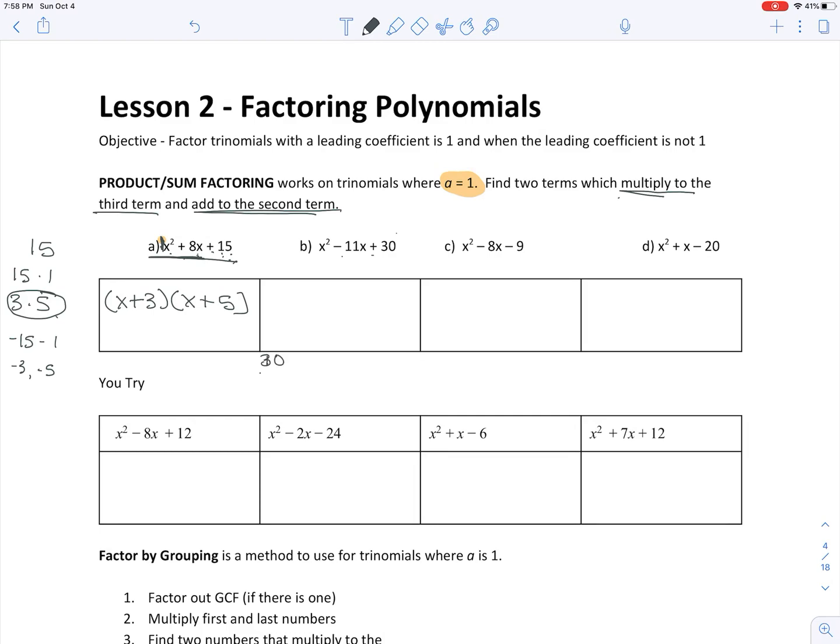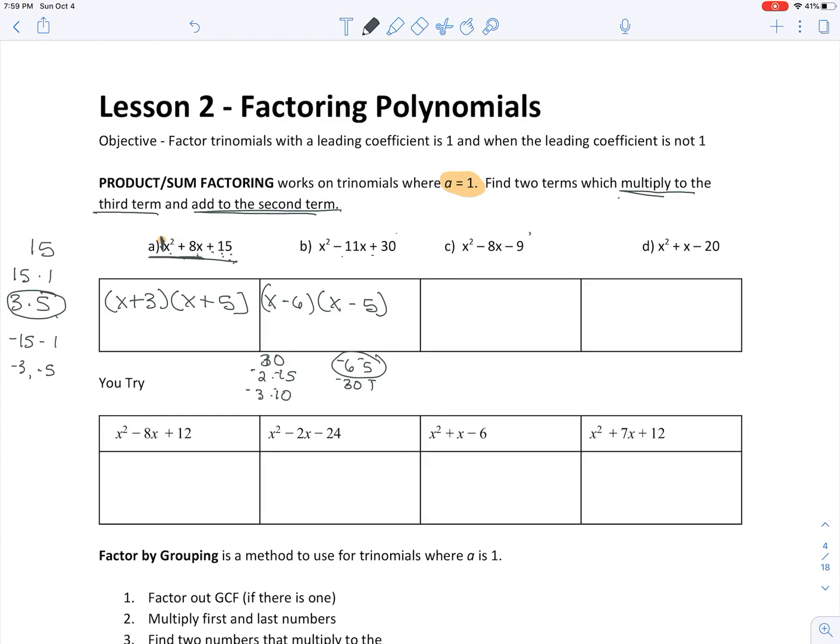Well, let's think about it. 2 and 15, 3 and 10, 6 and 5, 30 and 1. So which of these, when I add together, will give me negative 11 in the middle? Well, because this is positive, they both have to be negative. So we see that negative 6 and negative 5 would work. So I simply write x minus 6, x minus 5.